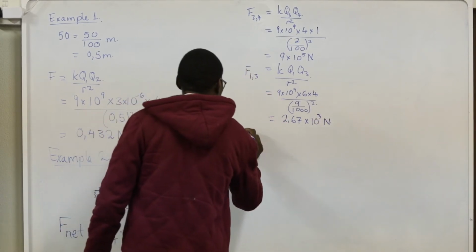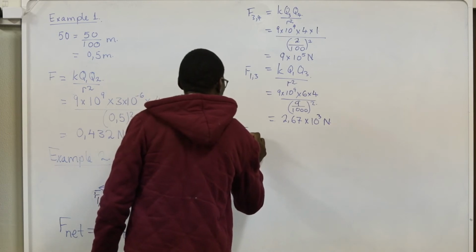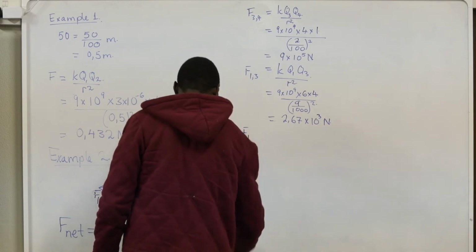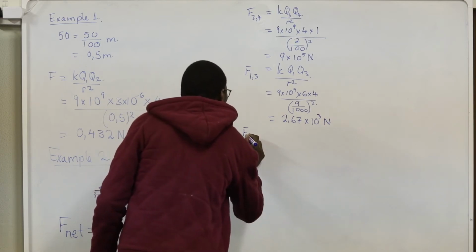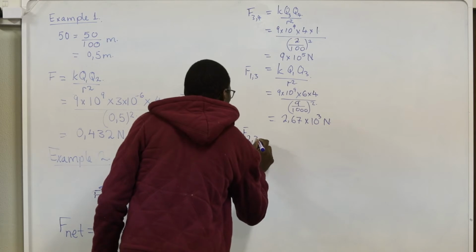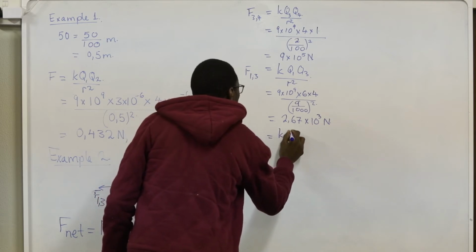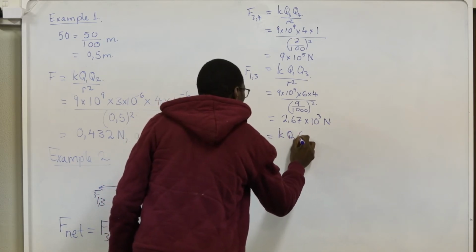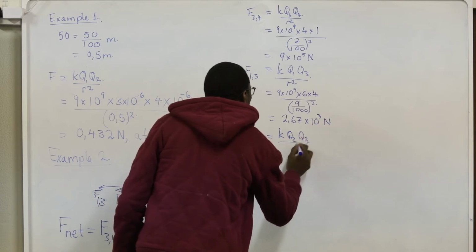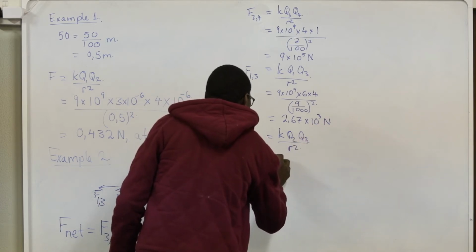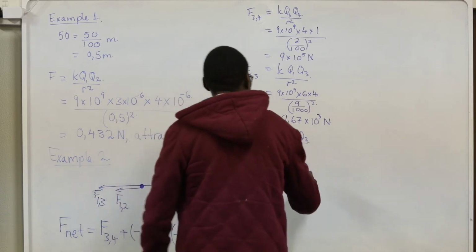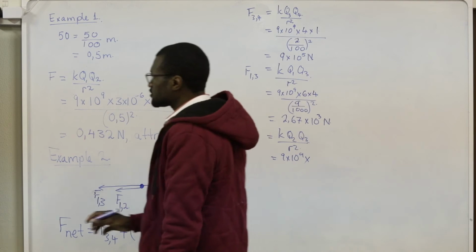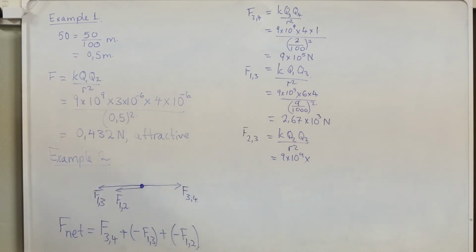Okay, let's follow suit. F1 is done, so we are moving on to F2. F2,3, okay, Q2, Q3 over R squared. 9 times 10 to the power of 9, you got the rhythm, multiplied by the charges. I'm just checking now.